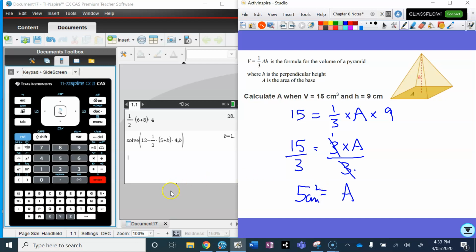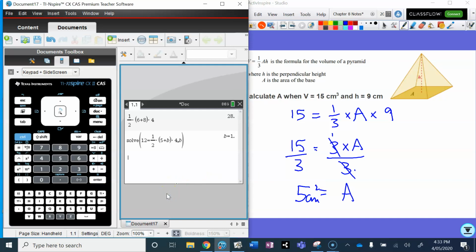If you were doing this one by calculator, because I don't know the subject, I need to solve this equation for A. So I need to use the solve function again. So if you remember in the menu, algebra, solve, if you can't find the menu for solve, you can easily just type the word solve and a bracket.